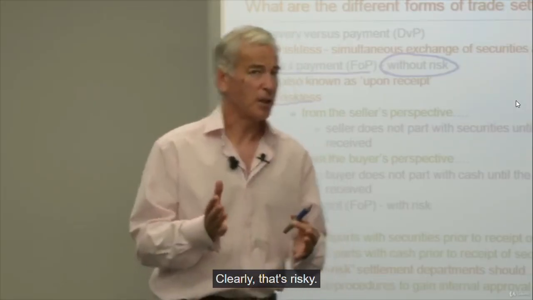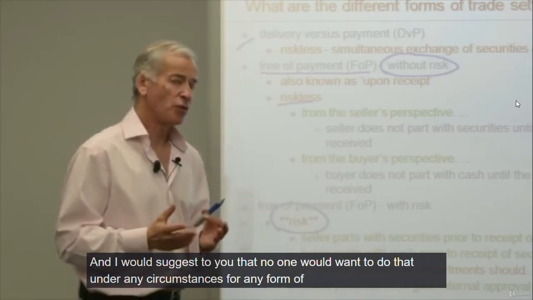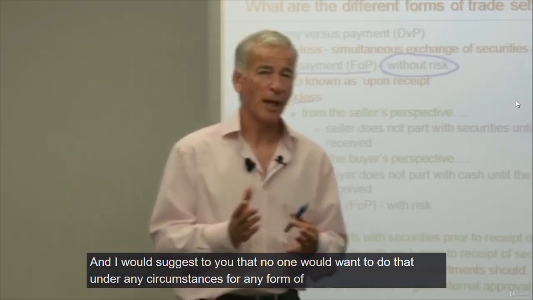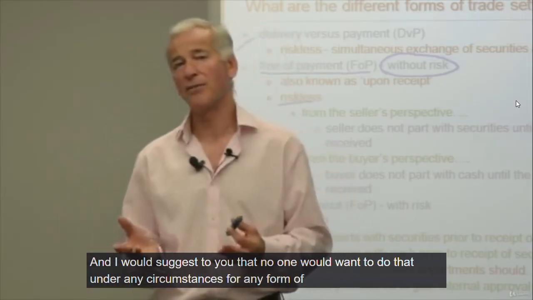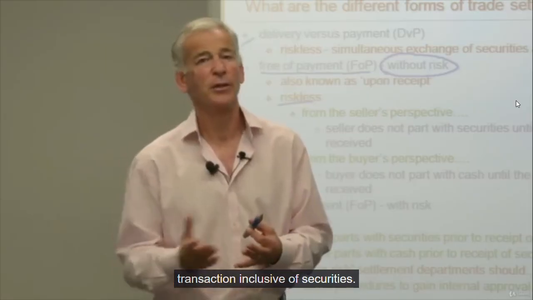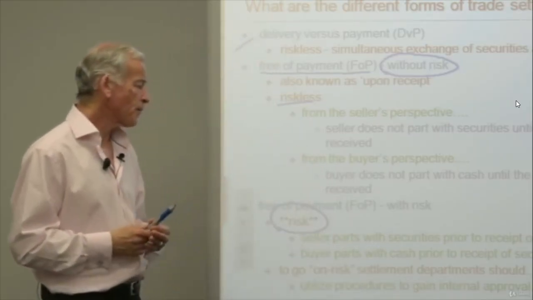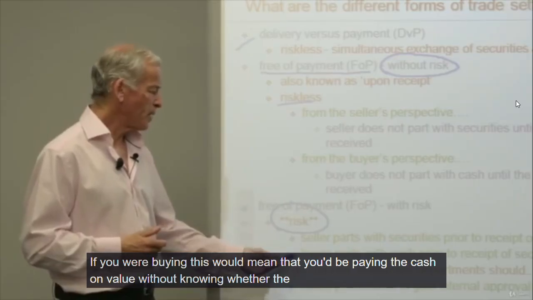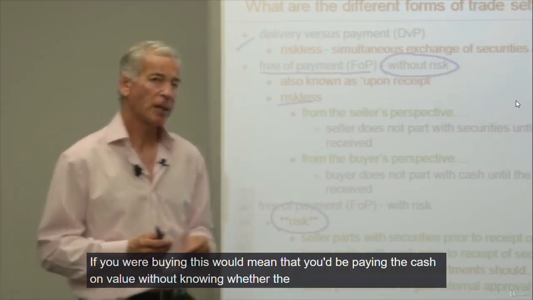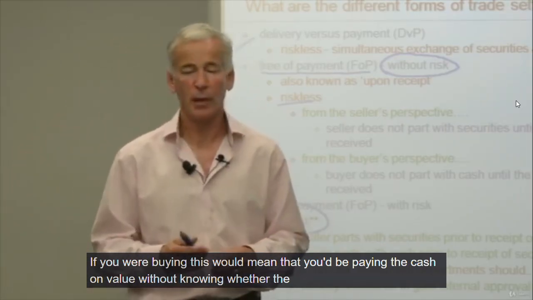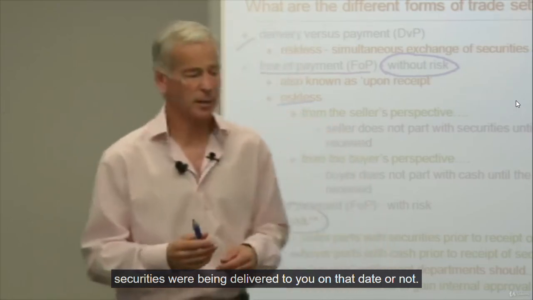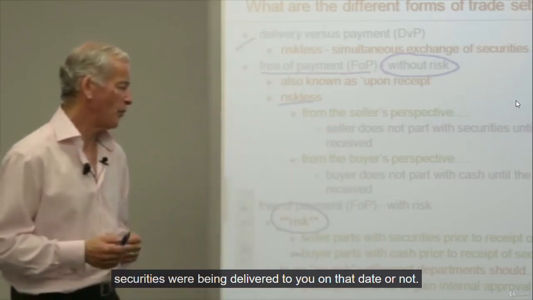Clearly that's risky, and I would suggest that no one would want to do that under any circumstances for any form of transaction, inclusive of securities. If you were buying, this would mean that you'd be paying the cash on value date without knowing whether the securities were being delivered to you on that date or not.